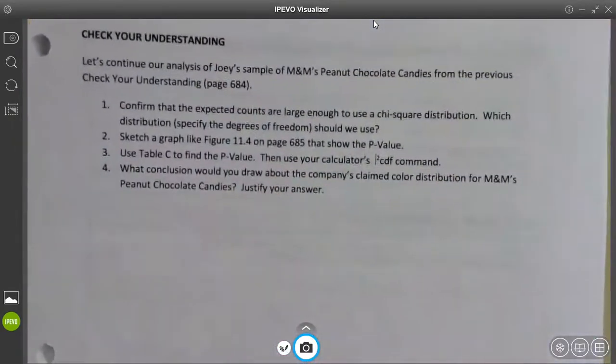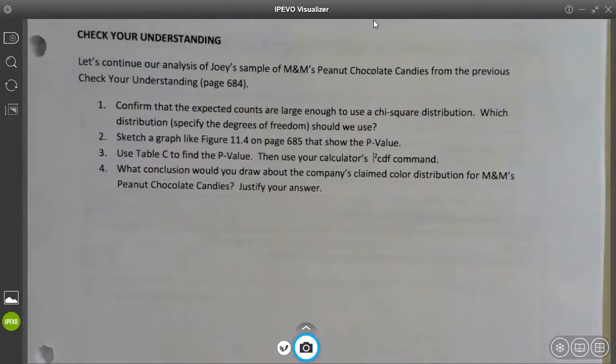So another check your understanding. Let's continue our analysis of Joey's sample of M&M peanut chocolate candies from the previous check your understanding. Confirm that the expected counts are large enough to use a chi-square distribution. Which distribution specify the degrees of freedom should we use?